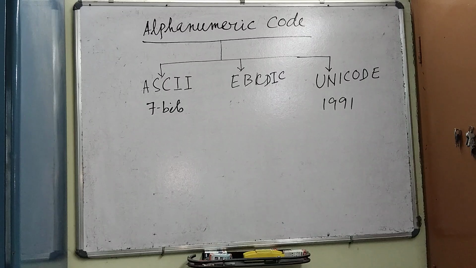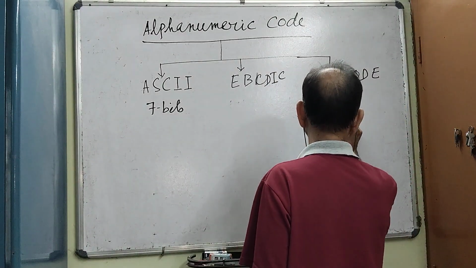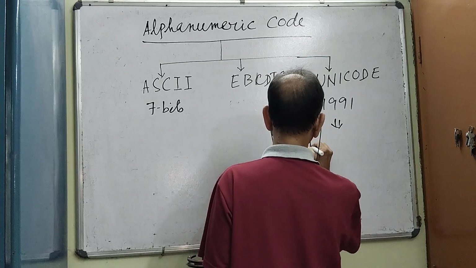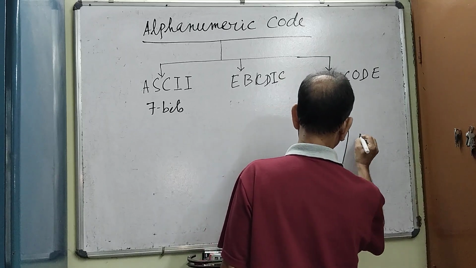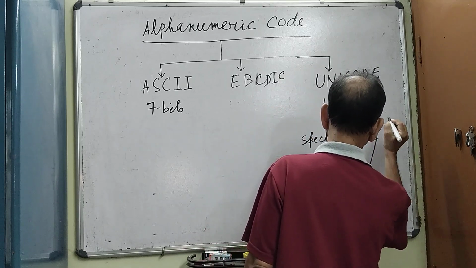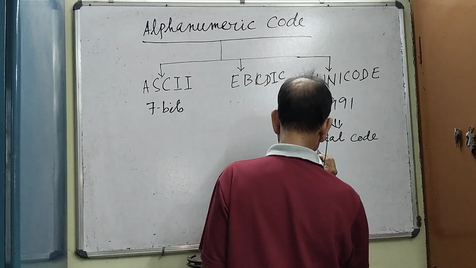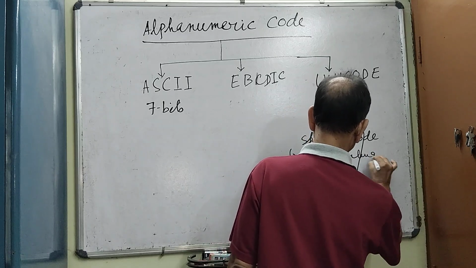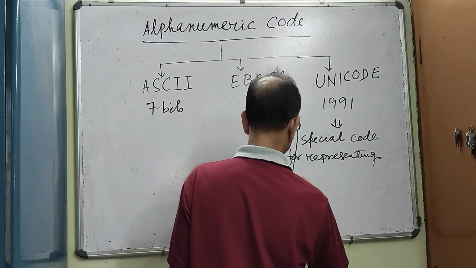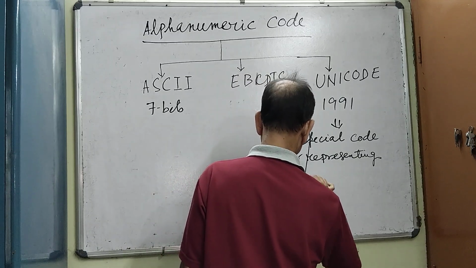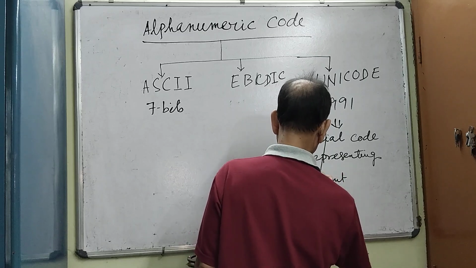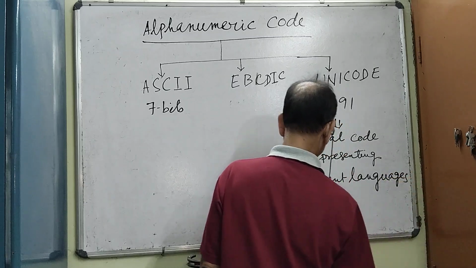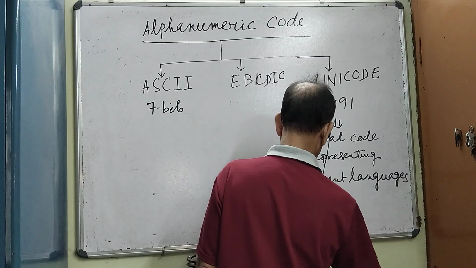Unicode is a special code for representing different languages and different script.